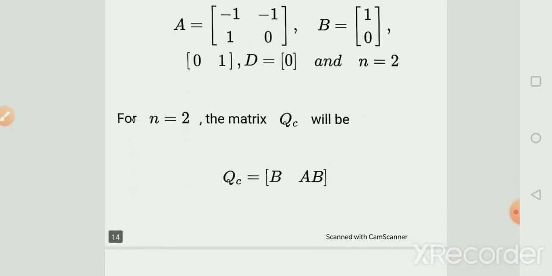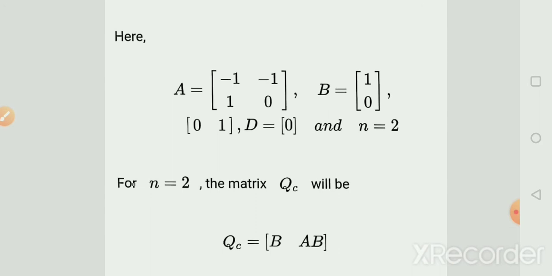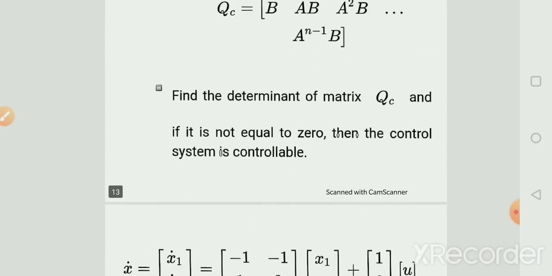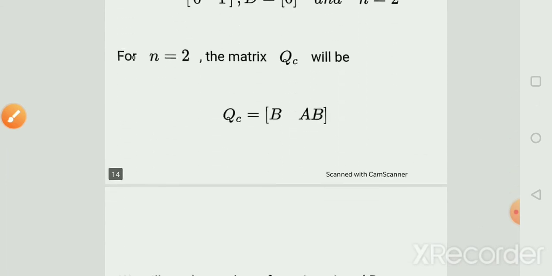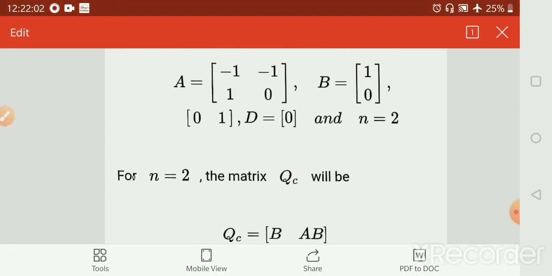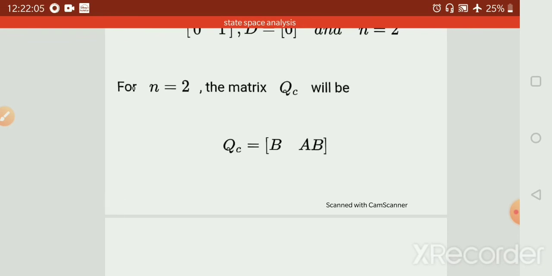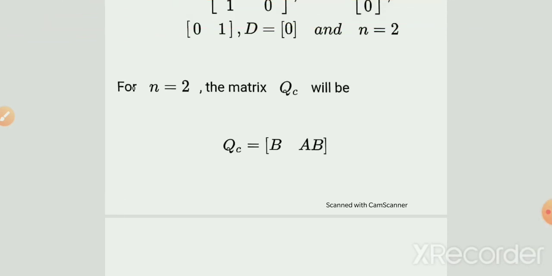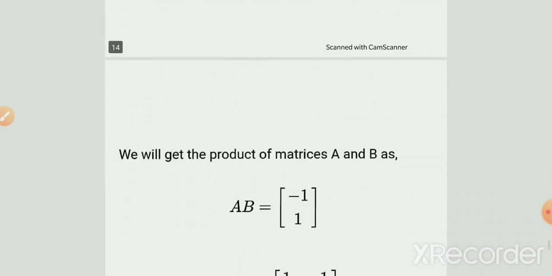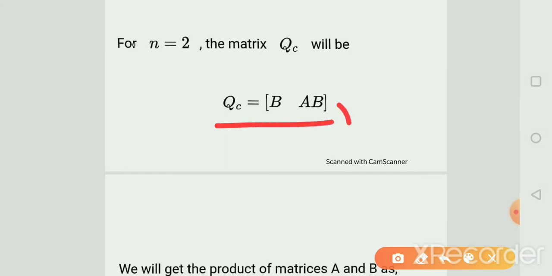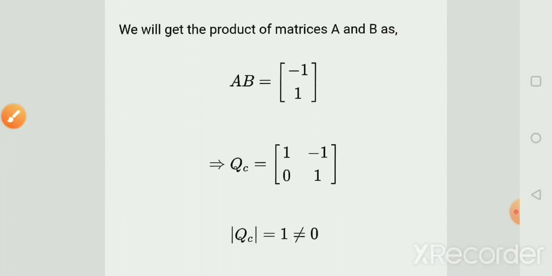For this we have a formula: for n equal to 2, it is [B, AB]. So at first, for calculating this, we have to calculate the value of AB.